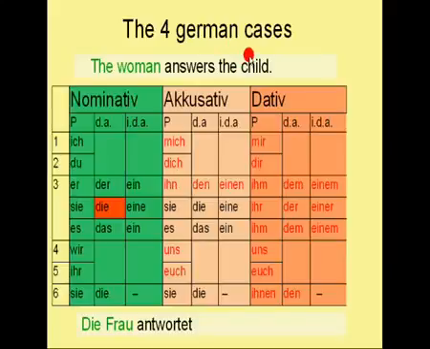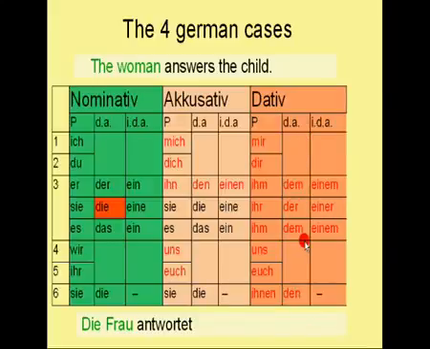Now we know that the child is the object of the sentence, but the question is is it an indirect object or a direct object? Well, in German, after the verb antworten always comes an indirect object. Therefore we have to look at the dative case. Now we know that the is the definite article in English, right? Therefore we have to look for the definite article.